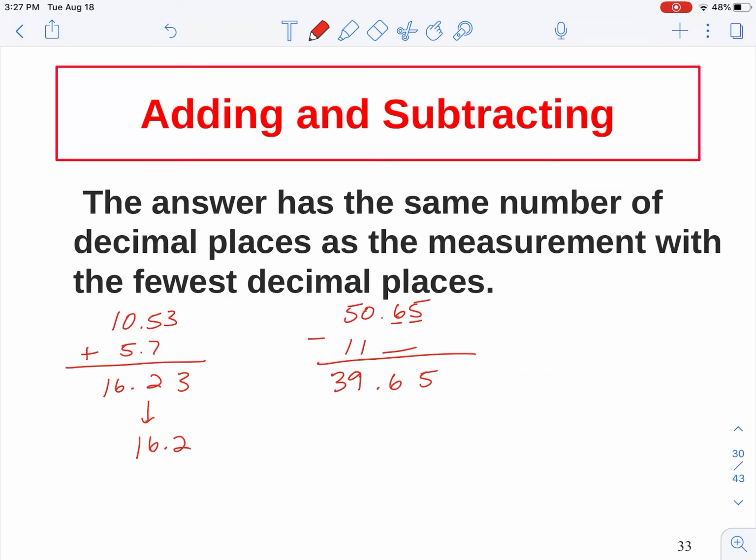There's 2, there's none, so our answer is going to have no decimal places. You would just round this to no decimal places, which would be 40. But notice that this zero is going to be a significant digit, so you need to either put a decimal point there or underline it just to say that that 0 is significant. So you have 40 is the answer there.